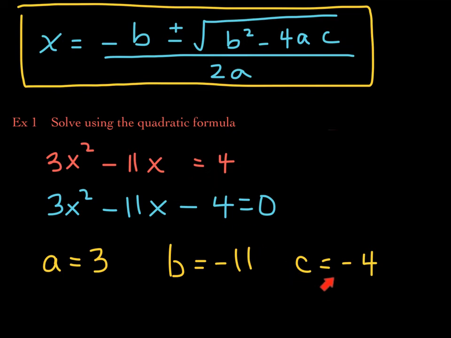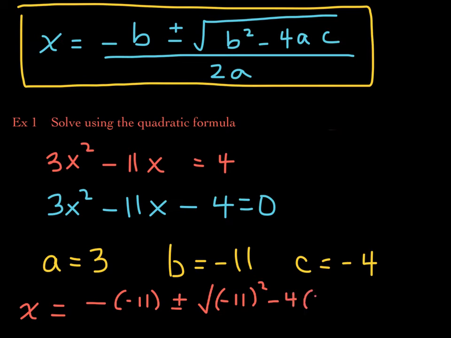Now let's plug in these three numbers into the quadratic formula, okay? So here we go. x is equal to the opposite of b plus or minus the square root of b squared, use parentheses, minus 4 times a times c.